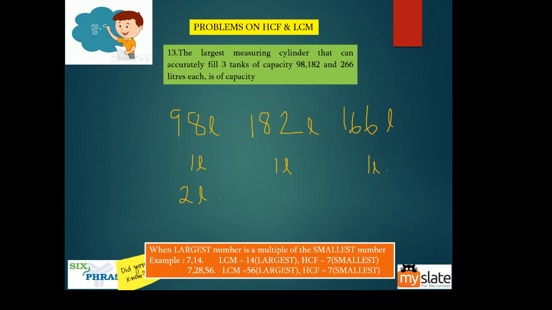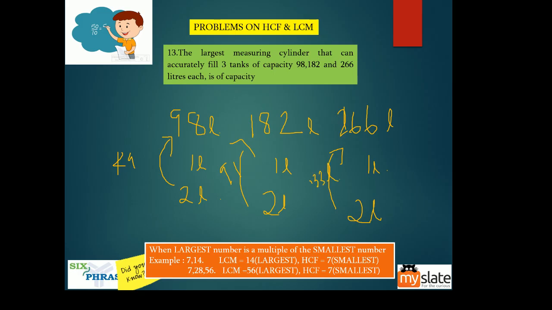Still I can accurately fill it. Yes, with 2 liter cylinders I can fill this, this, and this. But I'll need 49 2-liter cylinders, 91 2-liter cylinders. Oh sorry, this is 266, so 133 2-liter cylinders.